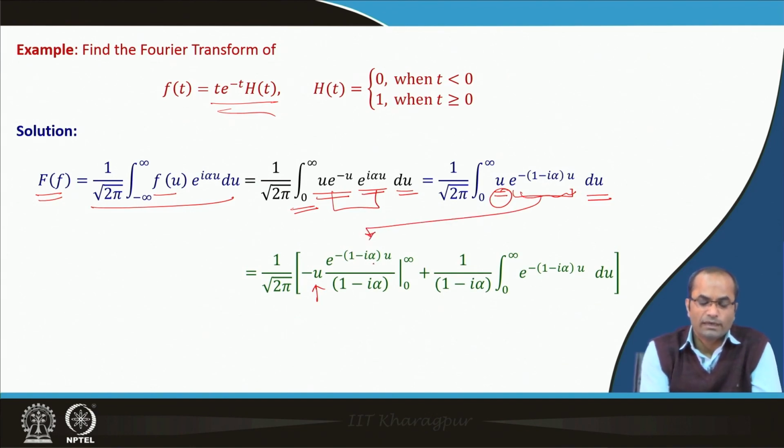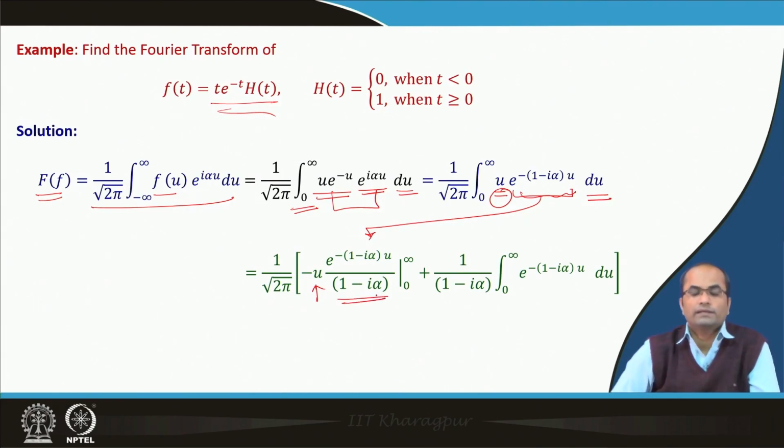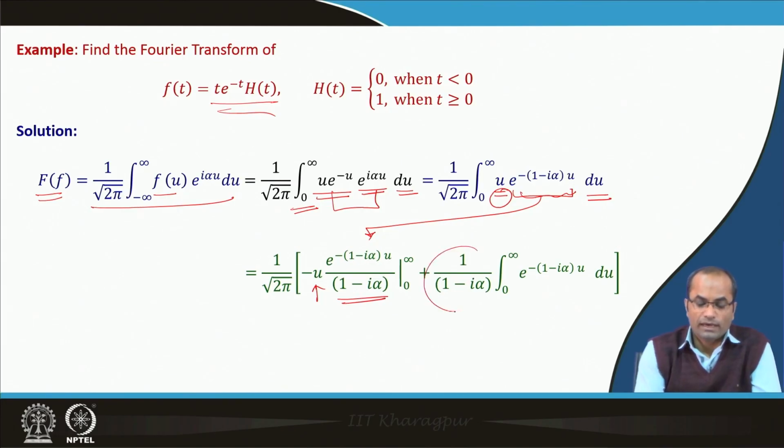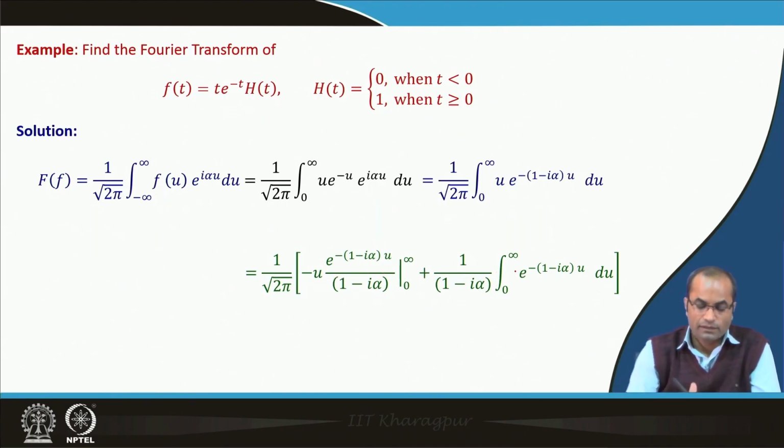So we have e^(-(1 - iα)u) with u, in the denominator as 1 - iα, plus again 1 - iα, because this will be integrated, and then the differentiation of u will become 1. So we have this integral now.